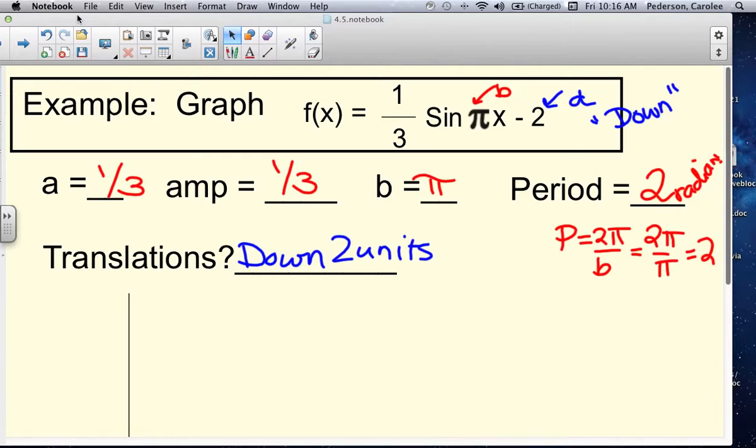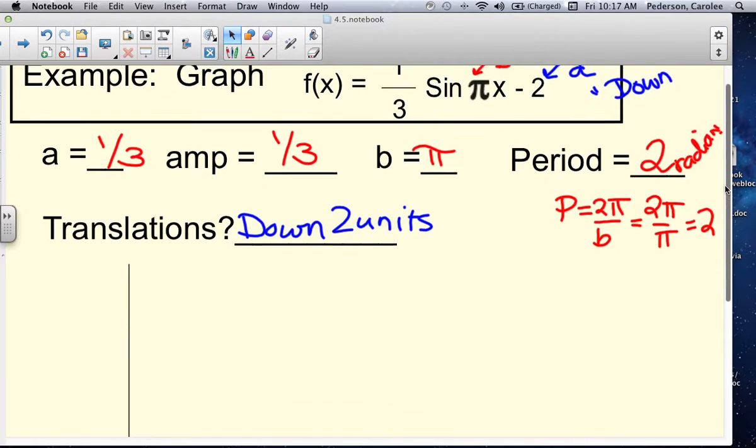When I graph vertical or horizontal translations, I take care of those first on my graph. All of our examples so far have been 0 translations up or down, so they started in the middle of the road along the y-axis.